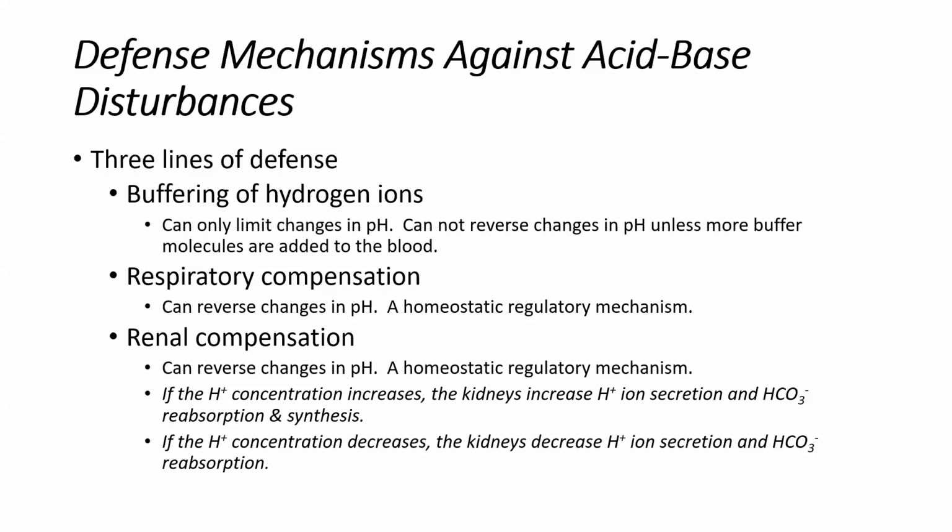And they also have the role of reabsorbing bicarbonate through the proximal tubule only. So as a mechanism of regulating our acid base, the kidneys can increase their rate of secretion of hydrogen ions and increase their rate of reabsorption of bicarbonate. They can also decrease the rate of secretion of hydrogen ions and decrease the rate of reabsorption of bicarb, depending on whatever the acid-base balance looks like.